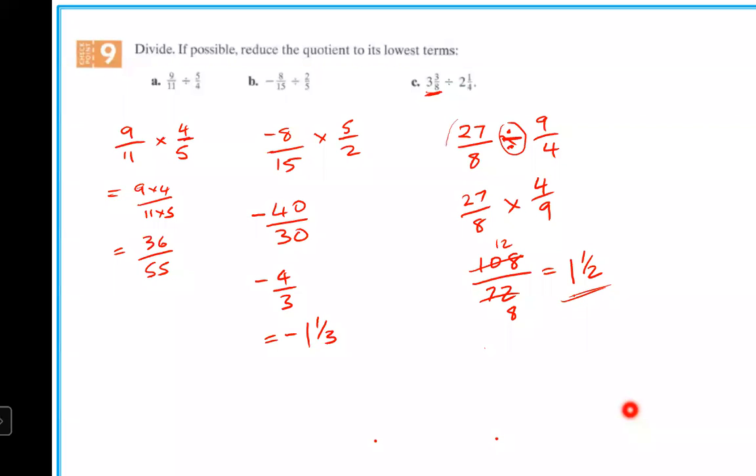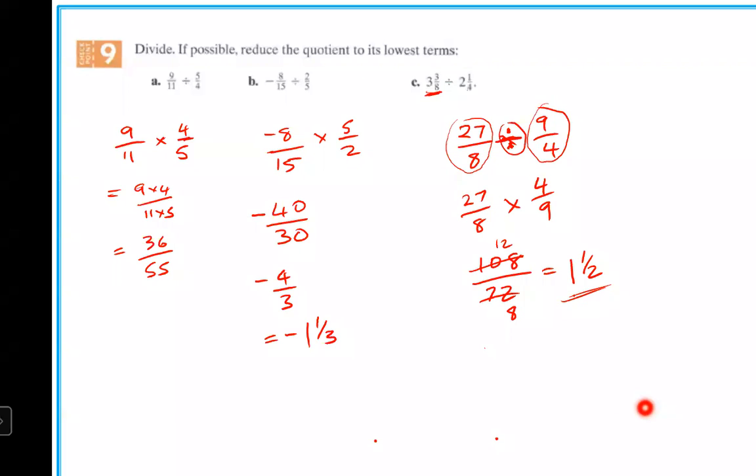So we have to convert that to an improper fraction first, and the 2 and a quarter becomes 9 over 4. So 3 and 3/8 becomes 27 over 8, and the 2 and a quarter becomes 9 over 4. And we keep the division for now, because all we were doing is converting them into improper fractions.